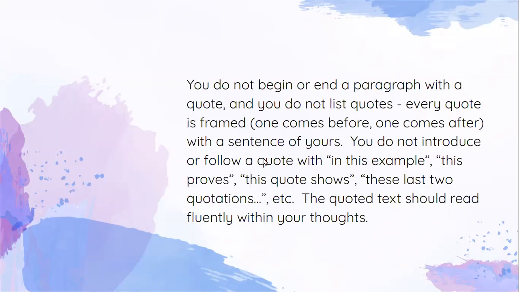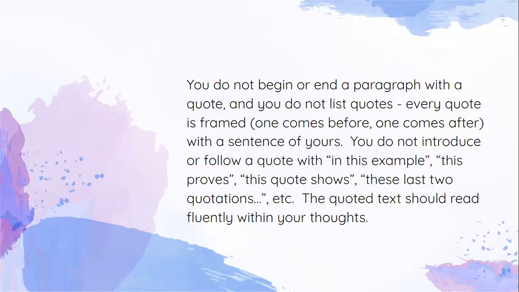You do not introduce or follow a quote with, in this example, "this proves" or "this quote shows." I mean, you can do it, but I don't recommend it because it gets the point across, but it's very unoriginal.